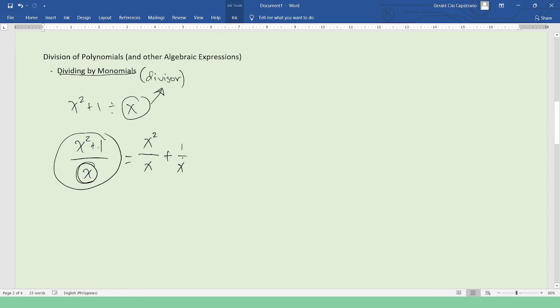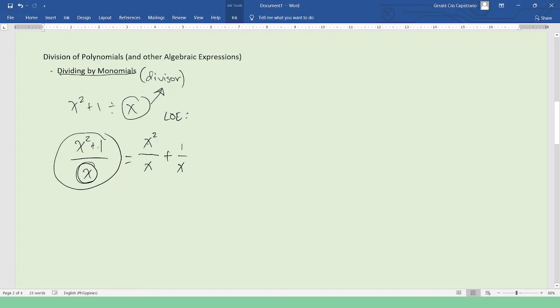So anong next na gagawin? We just need to apply our laws of exponents, wherein yun yung quotient of a power. Pag meron tayong quotient of a power, we just need to look at the variable that has the higher exponent.